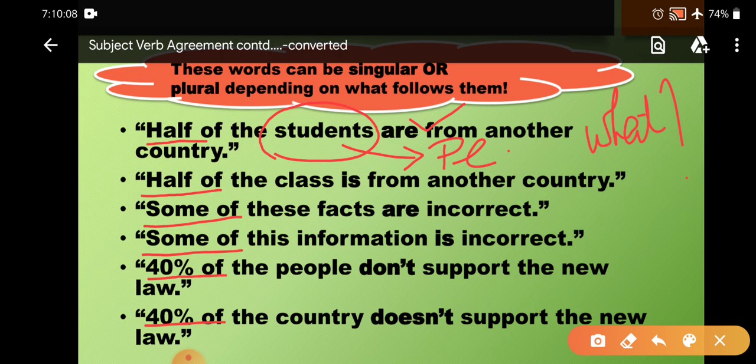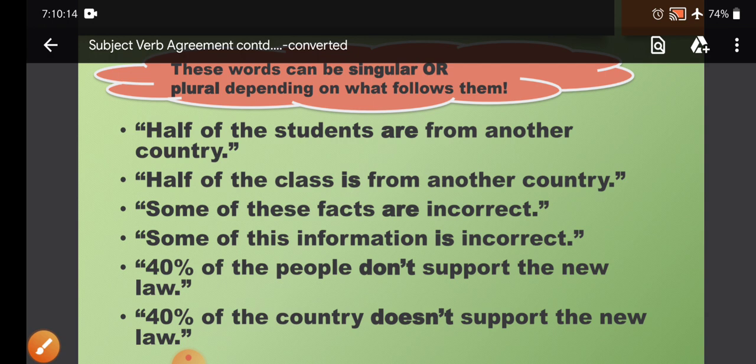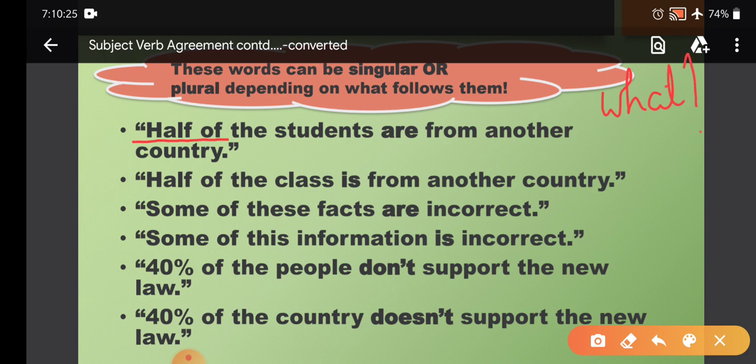Have you got it, students? I repeat, I will do it again for you. Look at this phrase, half of. Now we have to see half of what. Here in this sentence, half of what? Students. Students is plural. That is why the verb is also plural. Is it connecting? Can you feel the connection between the subject and the verb?